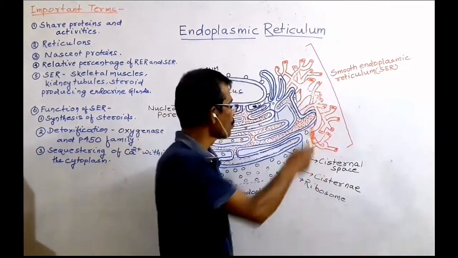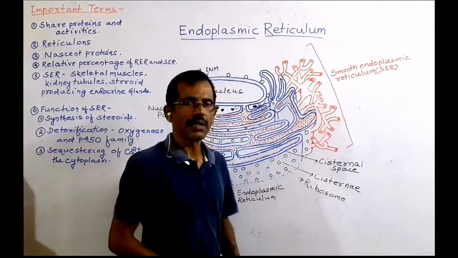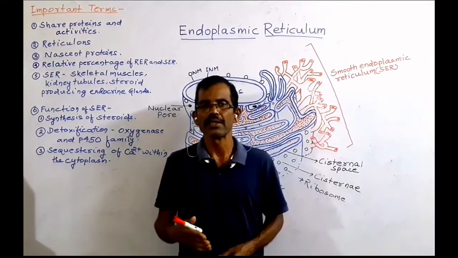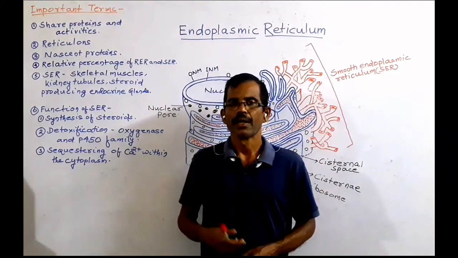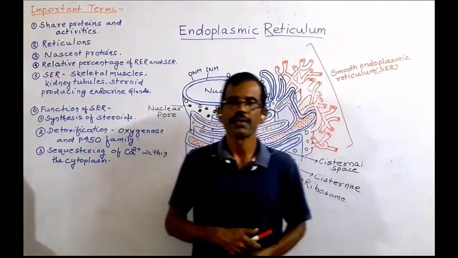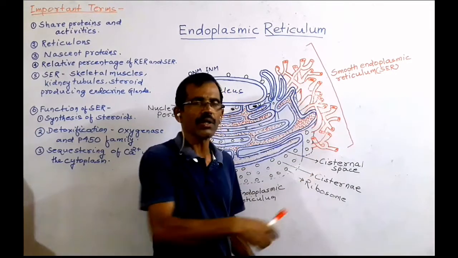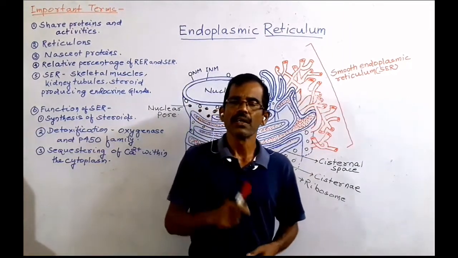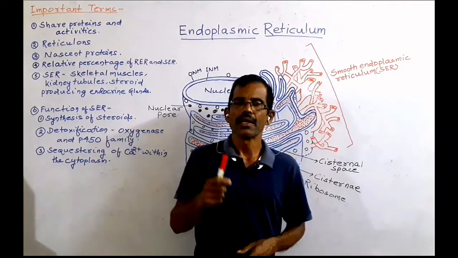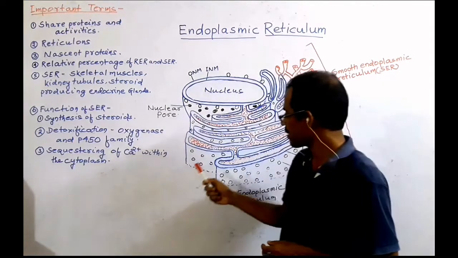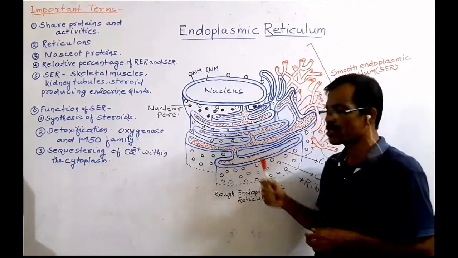reticulum. Smooth endoplasmic reticulum contains a very large number of a protein known as reticulon. Reticulon is the protein that induces and maintains the high degree of curvature of SER tubules, whereas reticulon is present in very small number at the edge of the RER sheet.